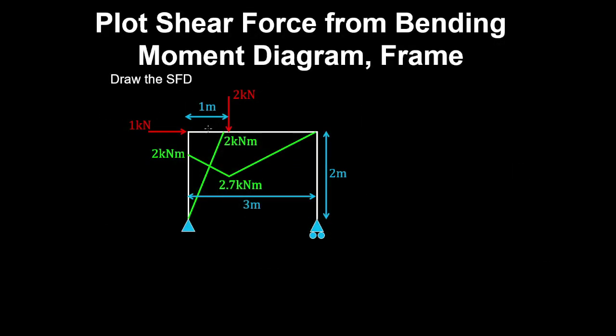Let's draw the shear force diagram for this frame from the bending moment diagram. So what we'll do is take a free body of the columns and beam, effectively just cutting them just inside the joints. And therefore we expose a shear force on both sides of the column.